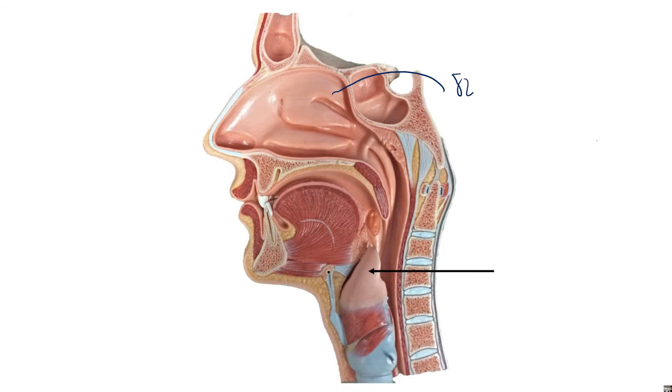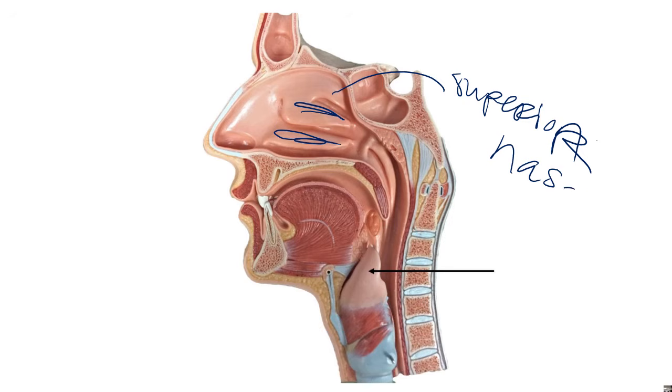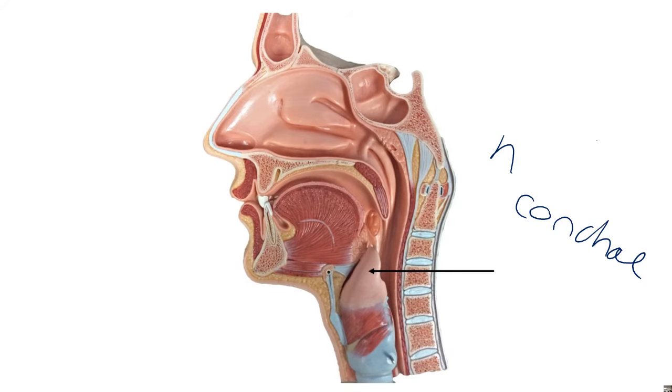So they are the superior, middle, and inferior nasal conchae, or concha for one. Those divide the nasal cavity up into passageways. When air comes in, it has to flow through one of these swirling passageways.